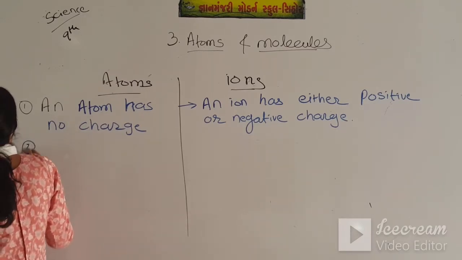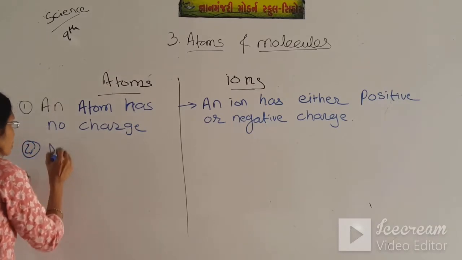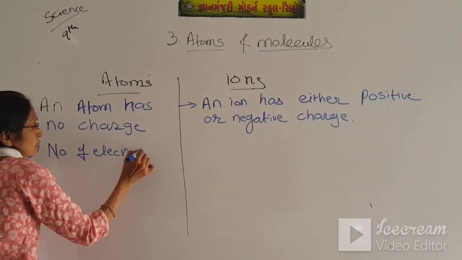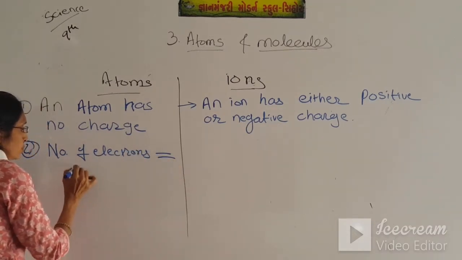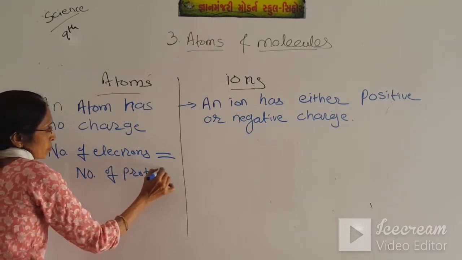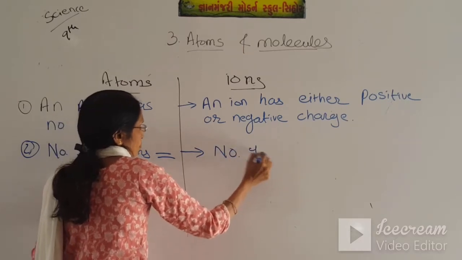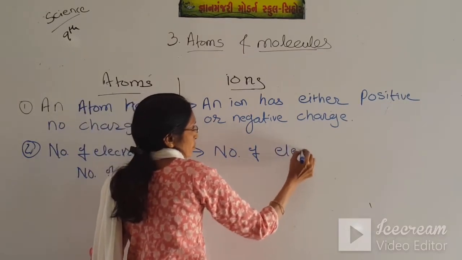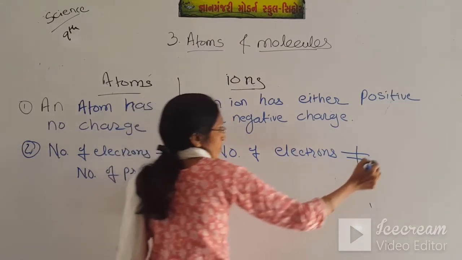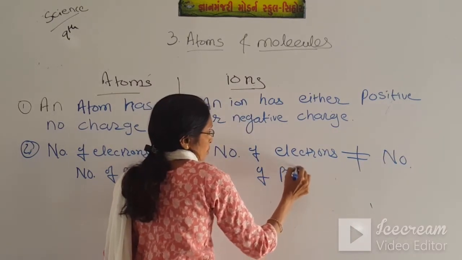Now the second point we can say: in an atom, the number of electrons is equal to the number of protons, and here in an ion, the number of electrons is not equal to the number of protons.